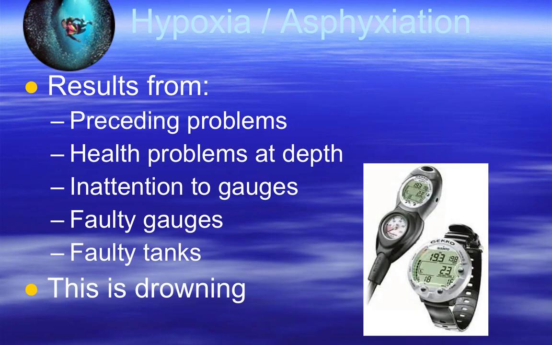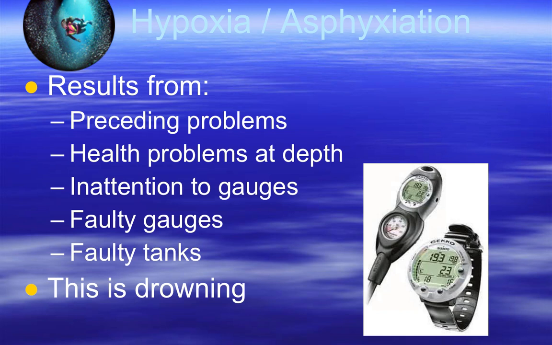Hypoxia and asphyxiation is probably the most preventable injury. It's doing things like a standard practice of not coming up with less than 500 psi of gas in your tank. Just like when you're taking patients on transports at the hospital, you don't want to take them with an oxygen tank that has less than 500 psi.